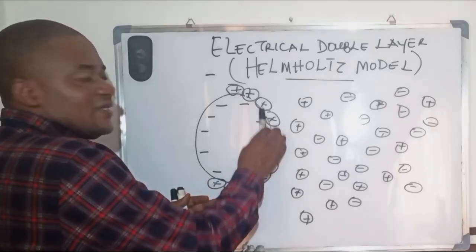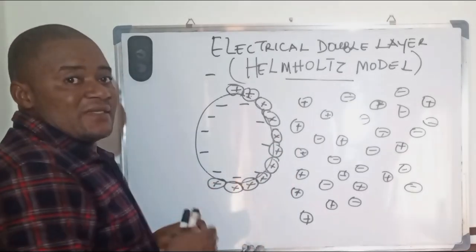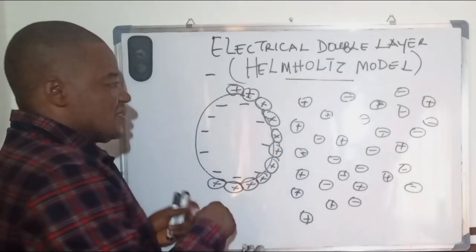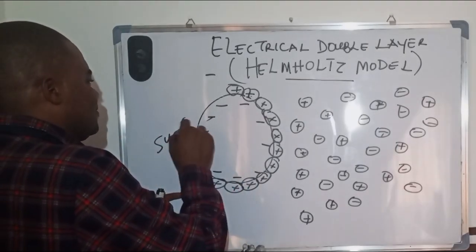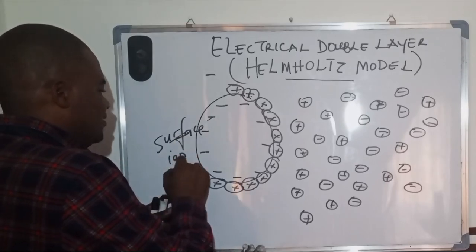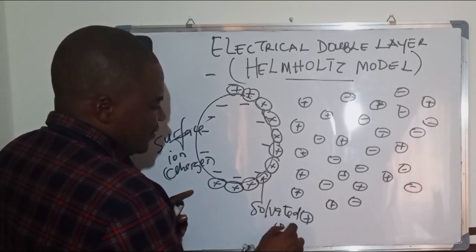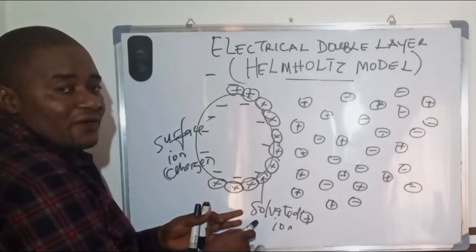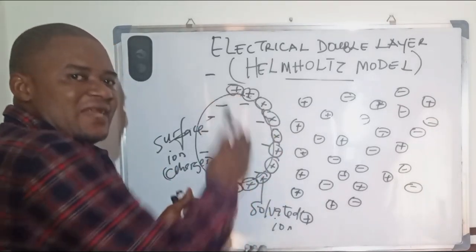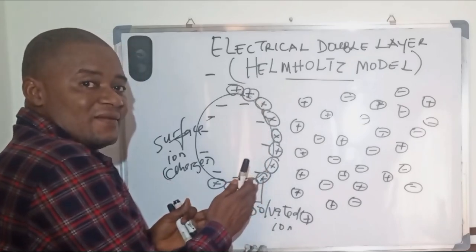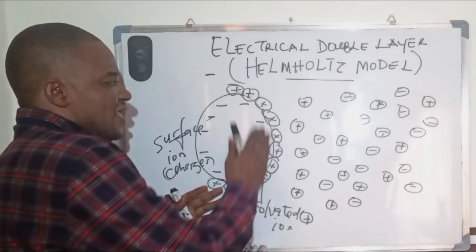Rather, a potential difference is created between these ions, which are termed the solvated ions, and these ions, which are the surface ions or charges. Now, these solvated ions and these surface ions will create a surface, an interface. That interface will possess a potential difference that will maintain these particular charges here.